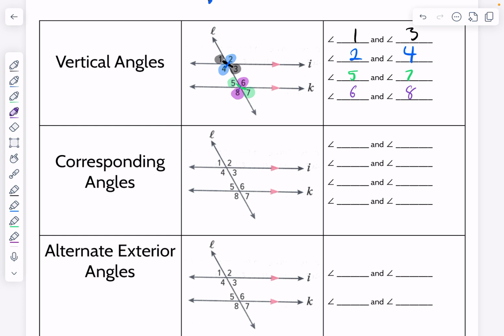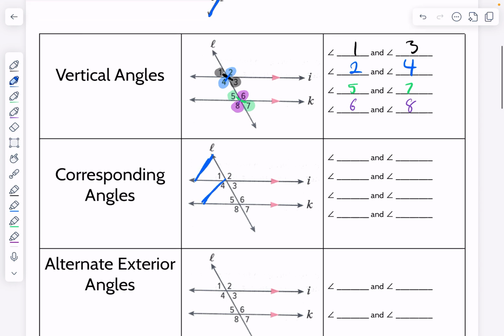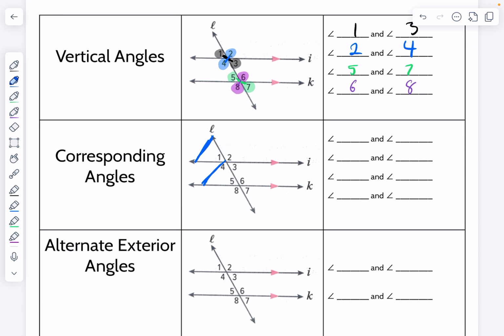So maybe it would help if you imagined you had like a triangle here. So, for example, 1 would be in the same part of the triangle as 5 is. So we call those corresponding angles. So 1 and 5 are corresponding angles.